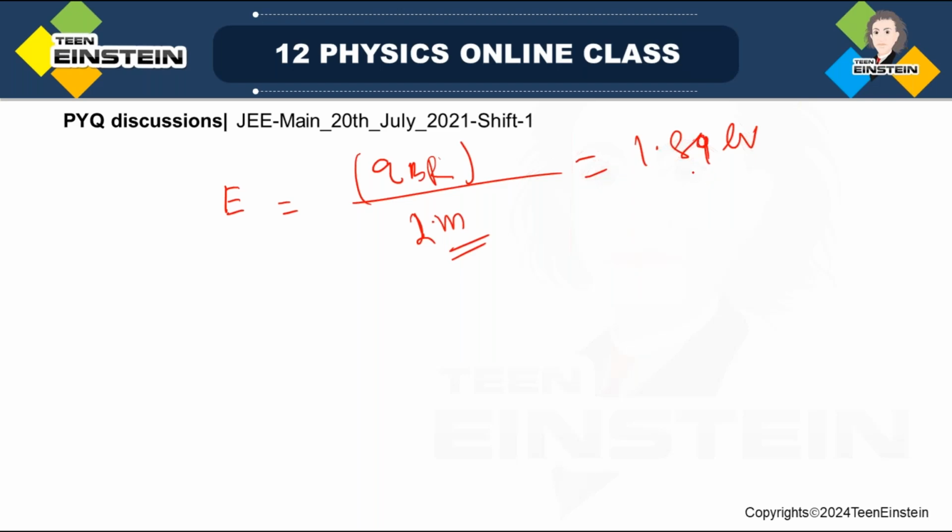So the work function will be the photon energy minus the kinetic energy.